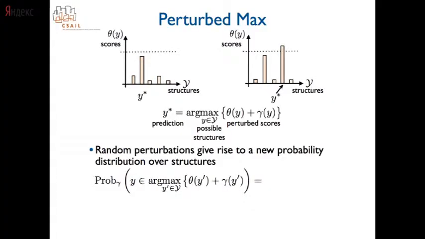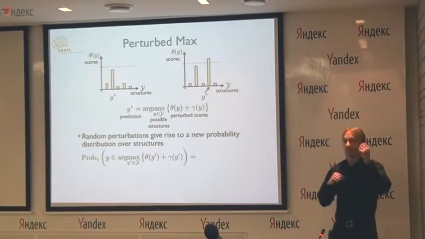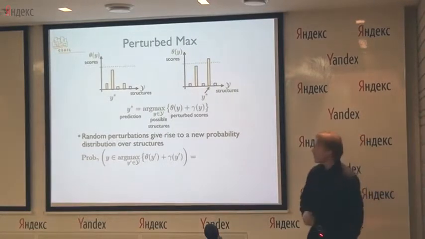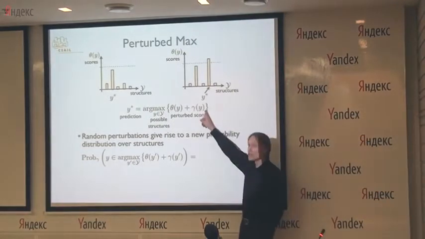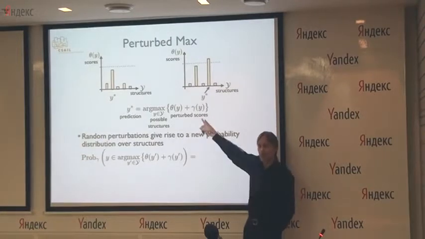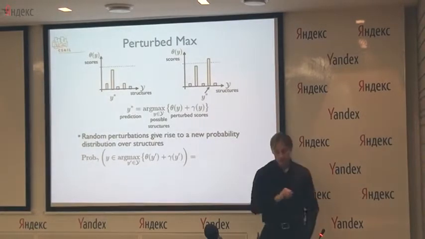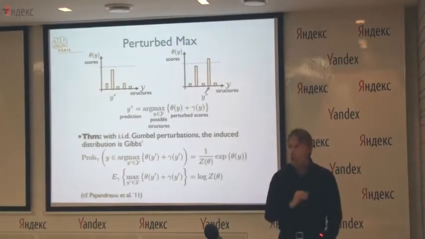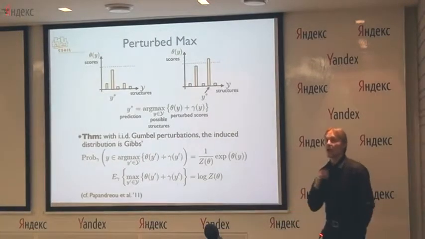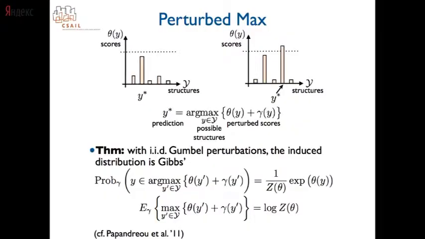All right, so let's follow this on this level of generality just a little bit and look at what this induced distribution might actually look like. All right, looks very different from the one that we talked about before, the typical one, the Gibbs distribution. But it turns out that if I introduce a particular type of perturbations here for the structures, I can actually reproduce the Gibbs distribution that you saw earlier. All right?